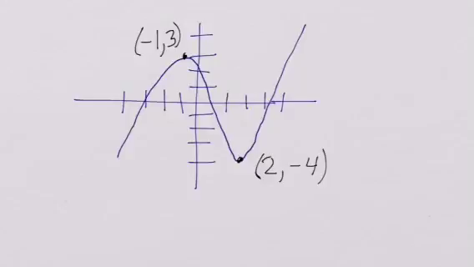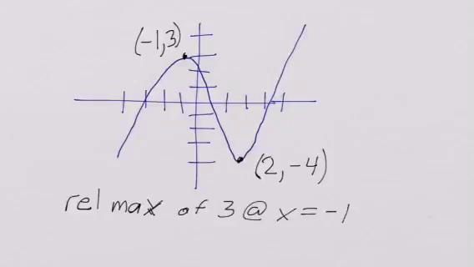So the way that we're going to say this, that point at (-1, 3) is a relative maximum. It's bigger than everything immediately surrounding it. So we're going to say that we have a relative max of 3 at x equals -1.